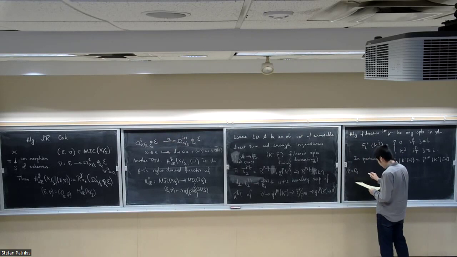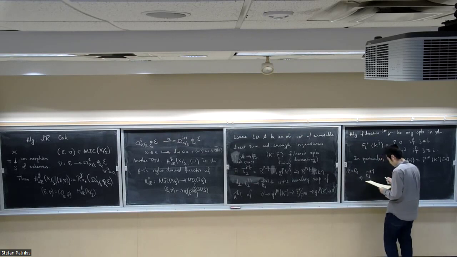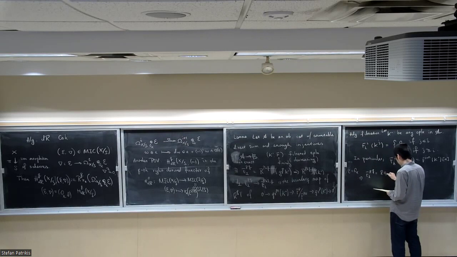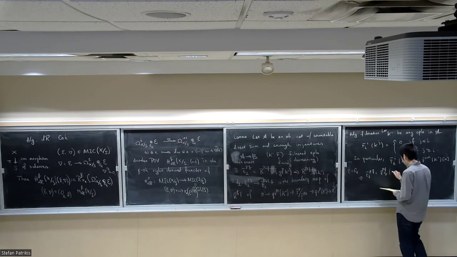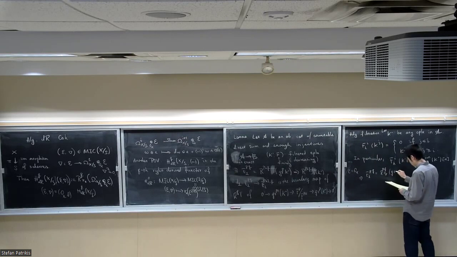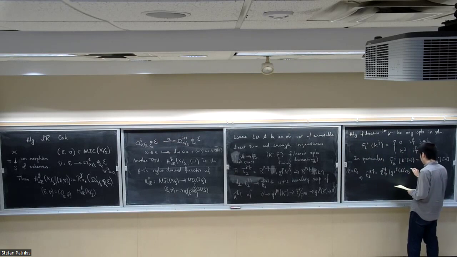So then we obtain a spectral sequence E1 PQ. This is R push forward, P plus Q, GR P of the de Rham complex.